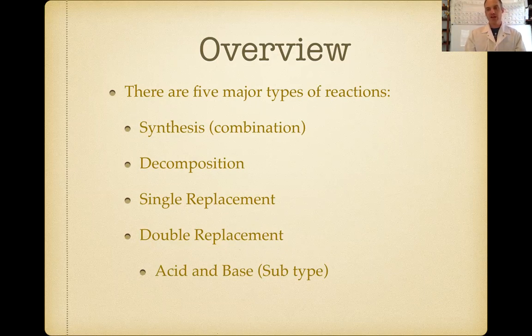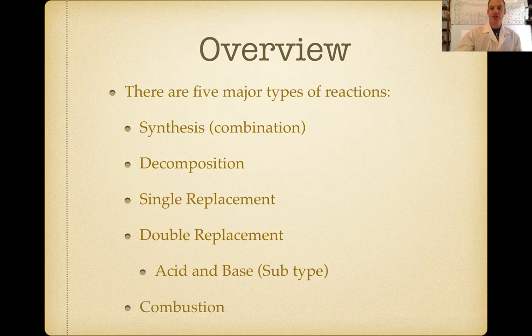We'll be doing that next week. Then the opposite of that is decomposition. Then we have single and double replacement reactions. And acid-base is a subtype of the double replacement reactions. And then we also have combustion reactions with burning different fuels.